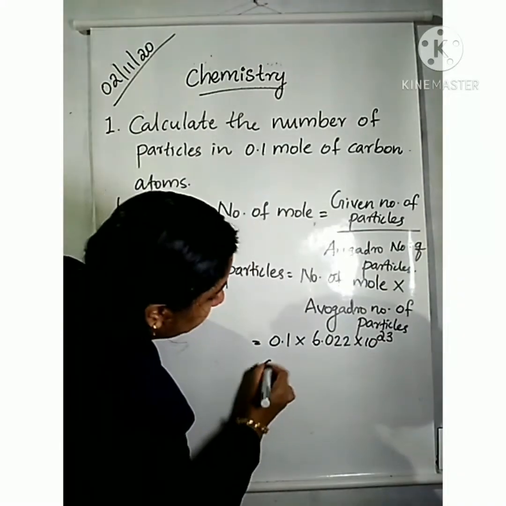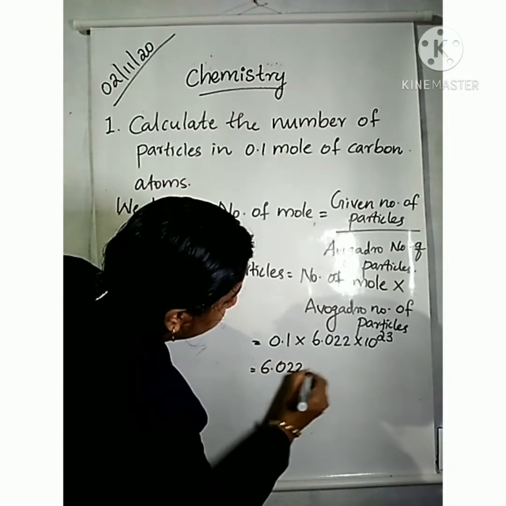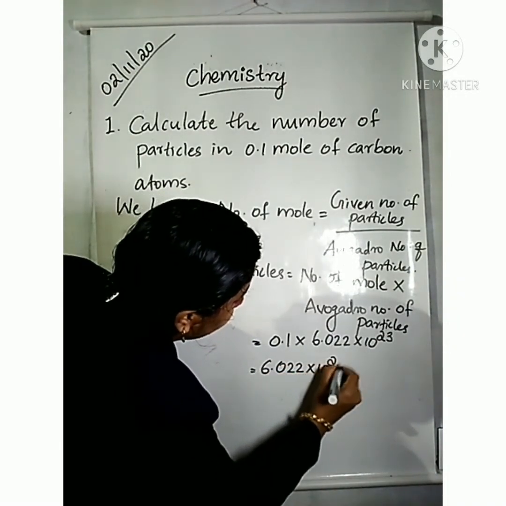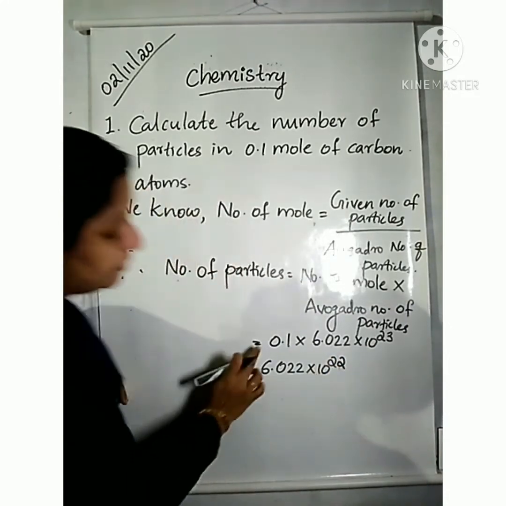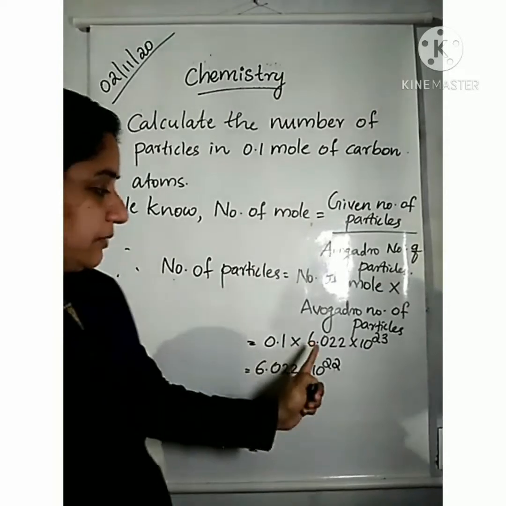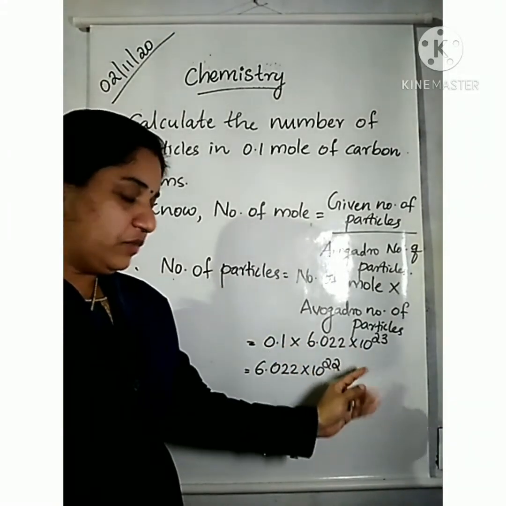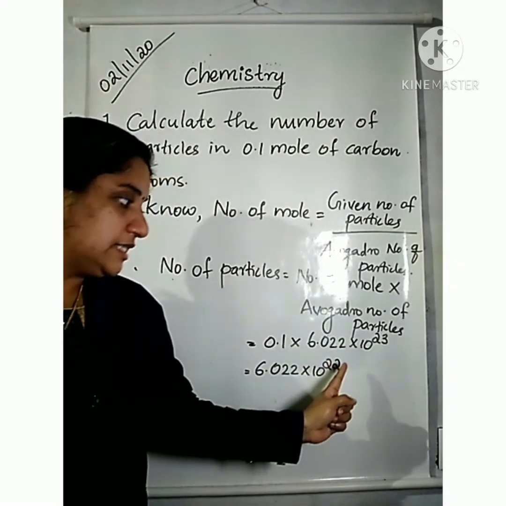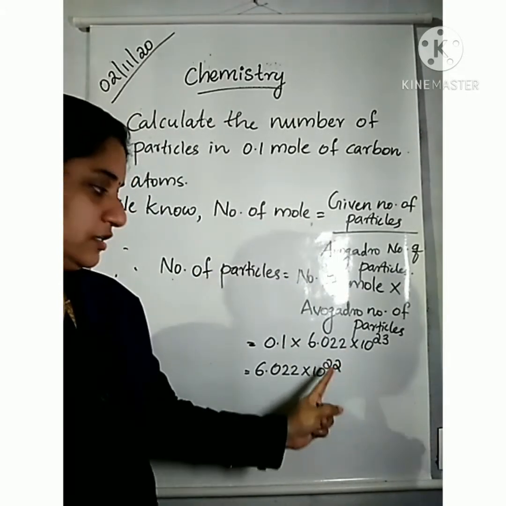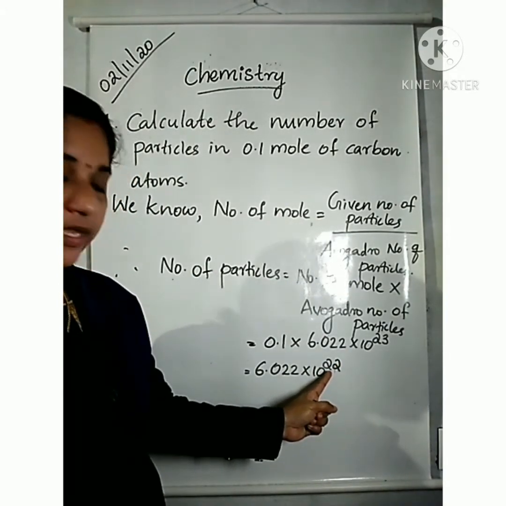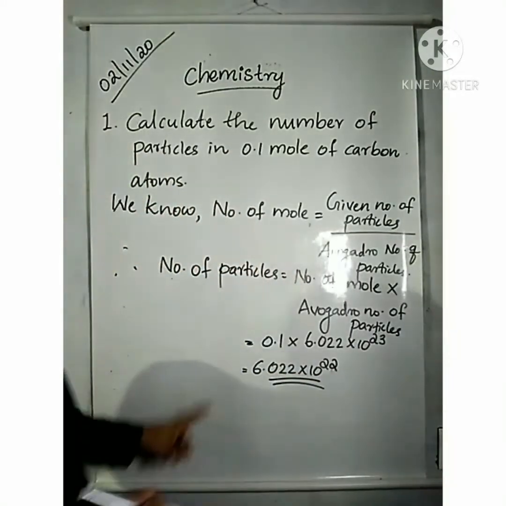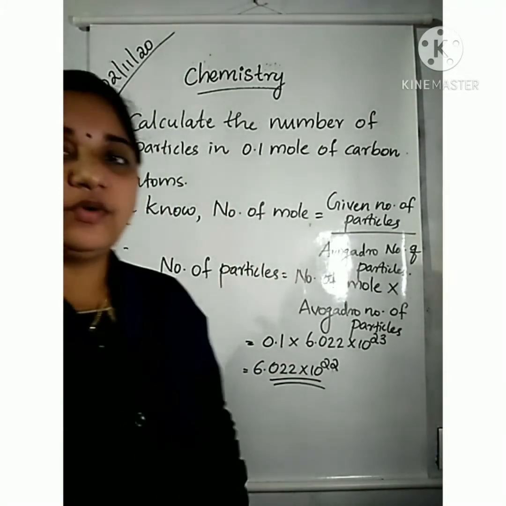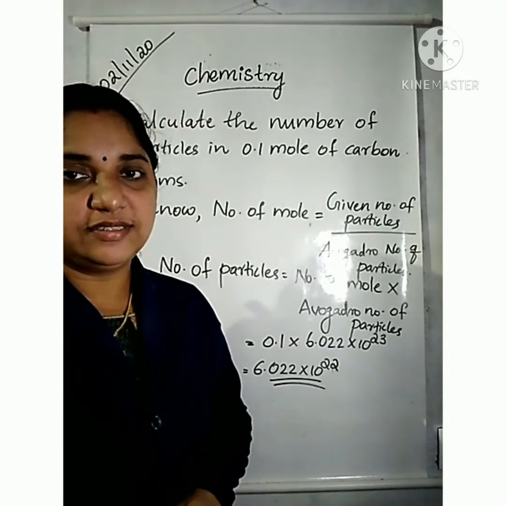So it will become 0.6022 into 10 raised to 22, not 23, because when we multiply with the 0.1, the power will reduce. So it will be 22. This much number of particles are in 0.1 mole of carbon atoms. Okay.